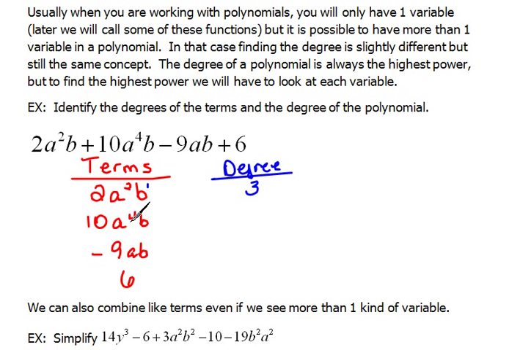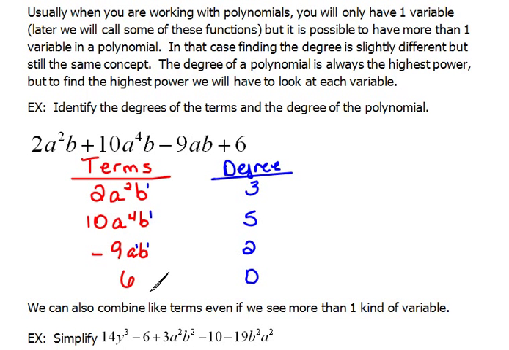Here we have a power of 4 and a power of 1, so that would make a degree 5 term. Here we have a first power and a first power, so when we add those together, that would be a degree 2 term. And in this one, because this is just a plain constant, technically we have an x to the 0 power, or an a to the 0 power, or whatever you want to call it. So this technically has a degree of 0.